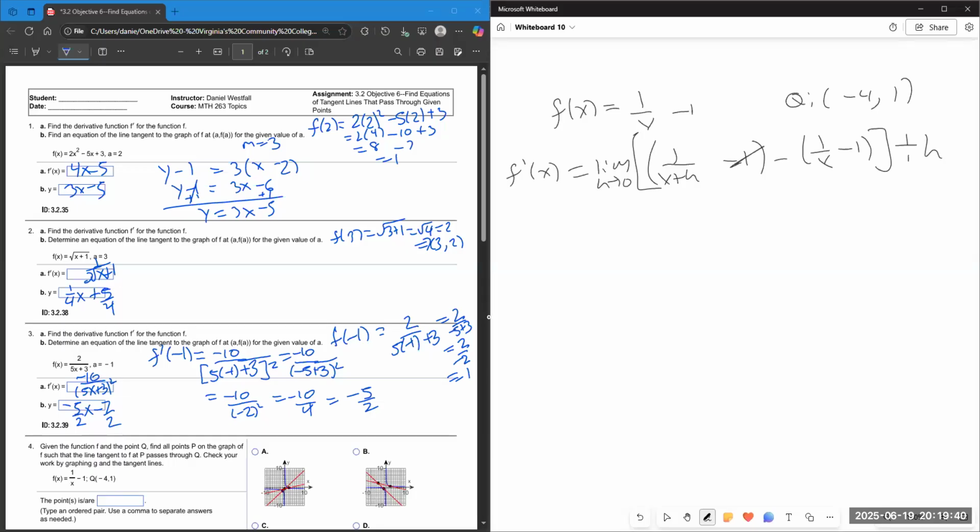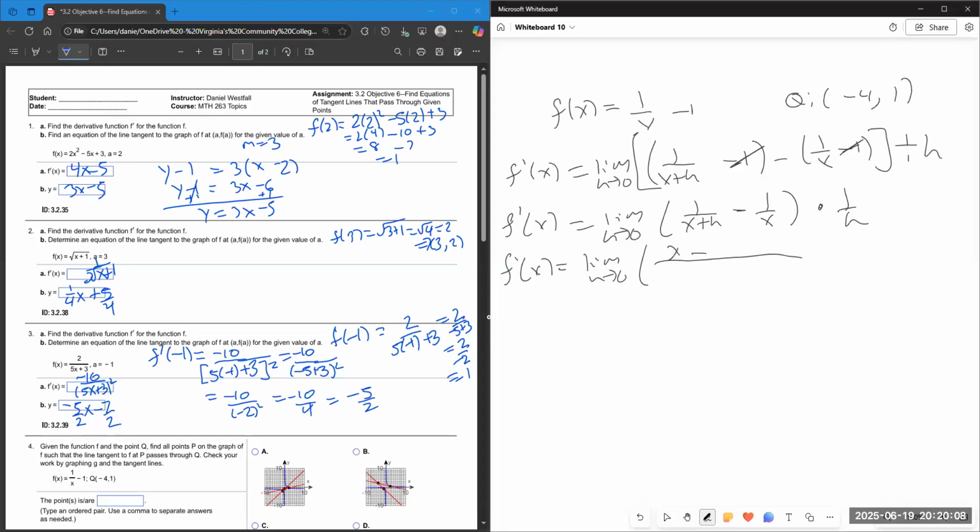So negative 1 plus 1 will be 0. f prime of x is equal to the limit as h goes to 0 of 1 over x plus h minus 1 over x, times 1 over h. f prime of x is the limit as h goes to 0 of multiplied by x over x, multiplied by x plus h over x plus h.